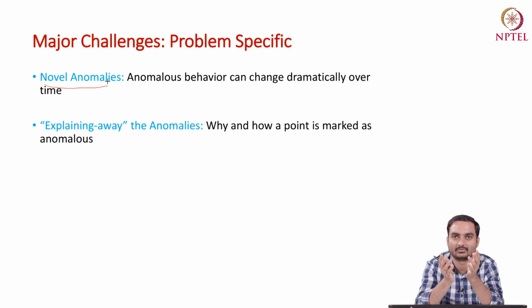Let's say today you come up with a method that can detect fraud activities. That method may not be enough tomorrow, because meanwhile the fraud activity may have completely changed. The way fraudulent users behave may change drastically.